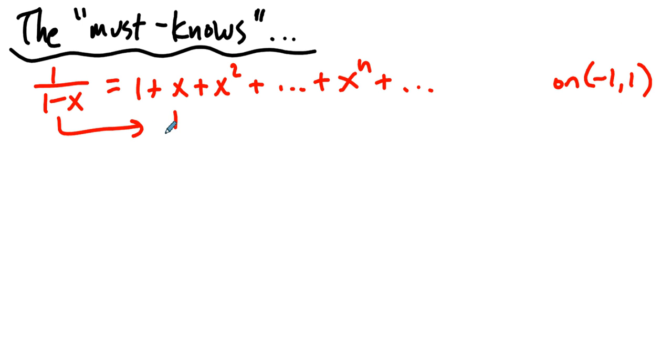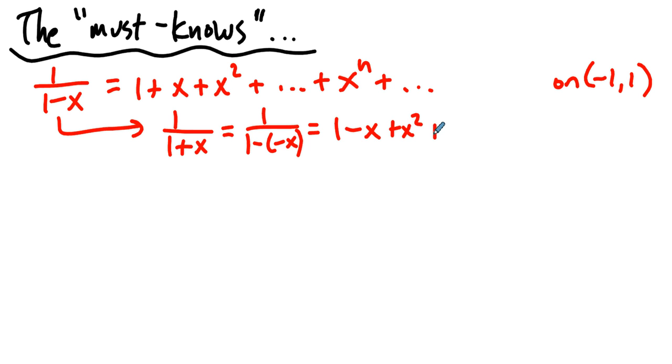Well, that means that we know what 1 over 1 plus x is, because that's 1 over 1 minus negative x. So that's 1 plus a negative x plus a negative x squared plus dot, dot, dot. That's negative x to the n, dot, dot, dot. That also holds on negative 1 to 1.